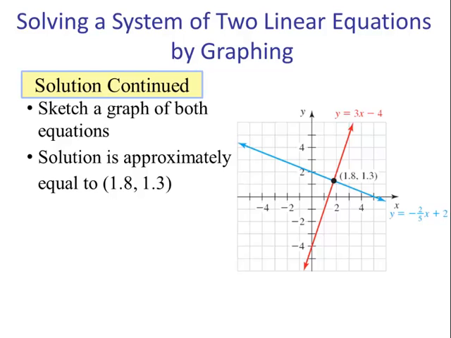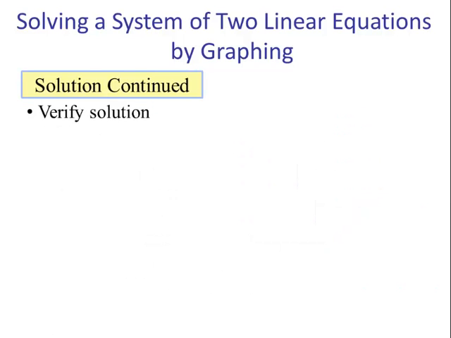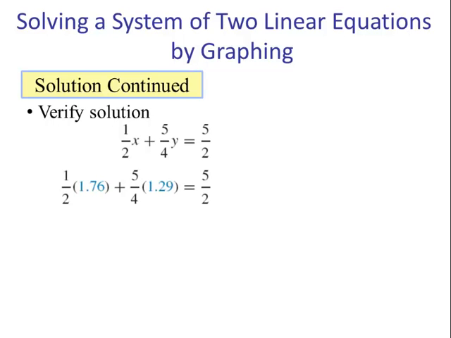Now this is one of the limitations of solving a system by graphing, is sometimes we do not get exact answers, we get estimates. Using the intersect feature on the graphing calculator, we can take this to more decimal places if needed. To verify this solution, we take our equation and substitute our values in. I'm taking this to 2 decimal places, and we see, rounded to 2 decimal places, these are pretty close.